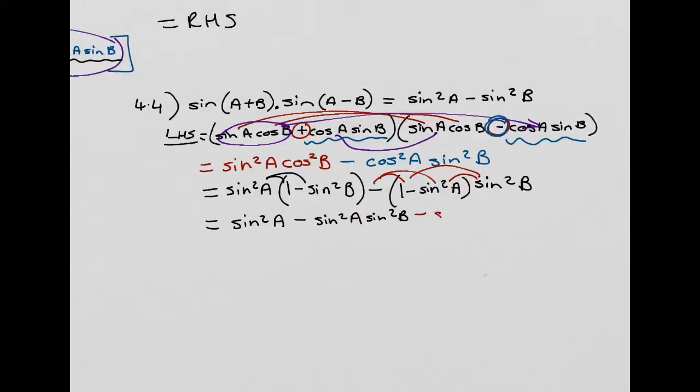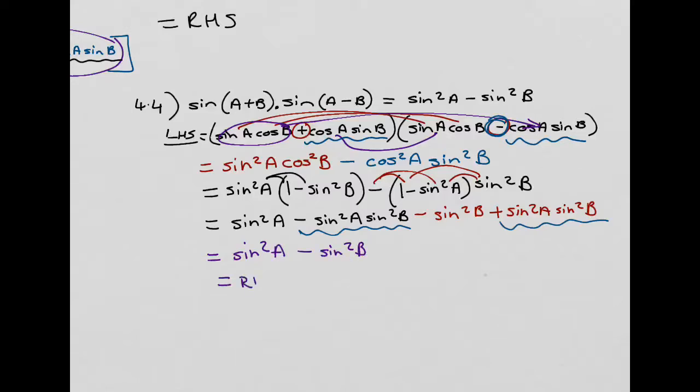So it's going to become negative sine squared B times 1 and negative sine squared B times the negative sine squared A. And then we see that that piece and that piece are the same, but one's negative, one's positive, so they cancel out, and we're left with just our sine squared A minus our sine squared B, which is our right-hand side.